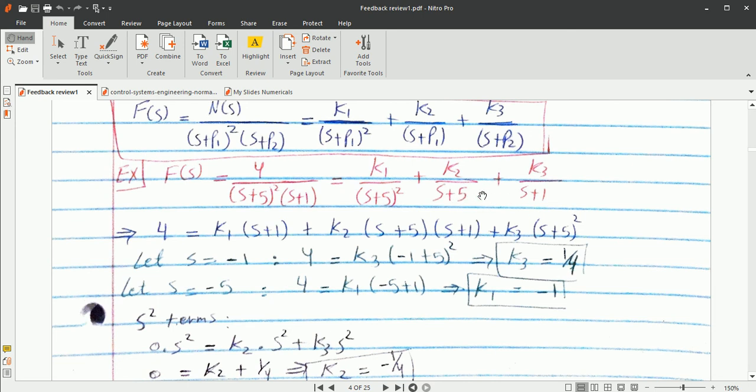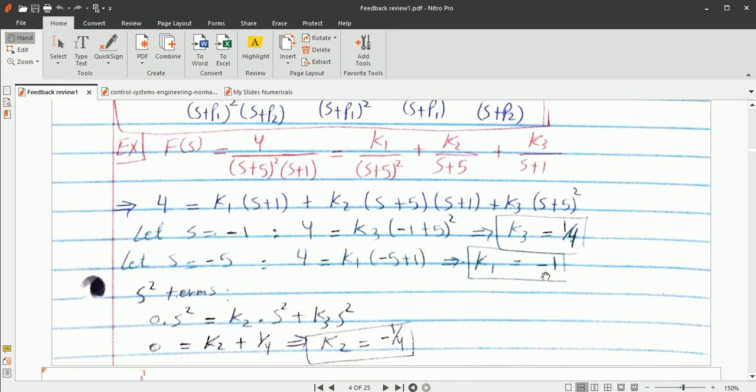Now make s plus 5 equal to 0. Here you will get k3 term 0, k2 term 0, and you will get k1. You get k1 is equal to minus 1. But now how will you get k2? It means you need something more.